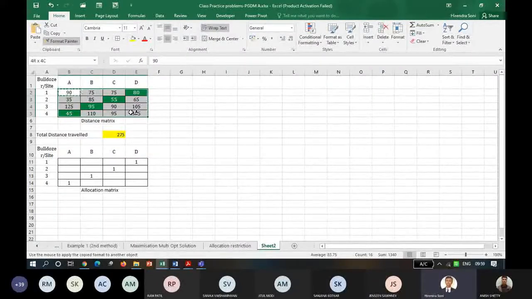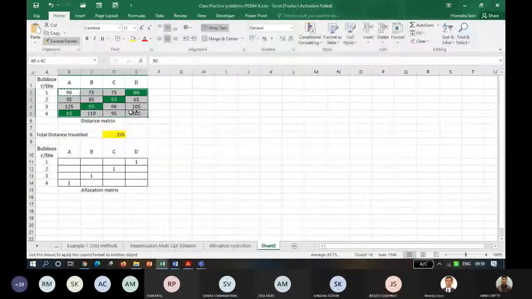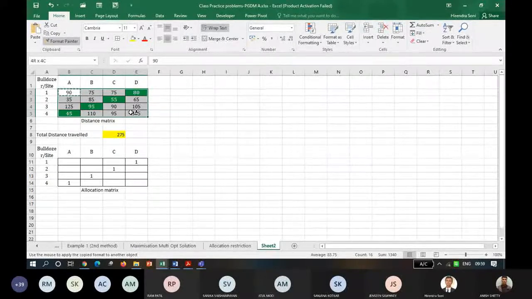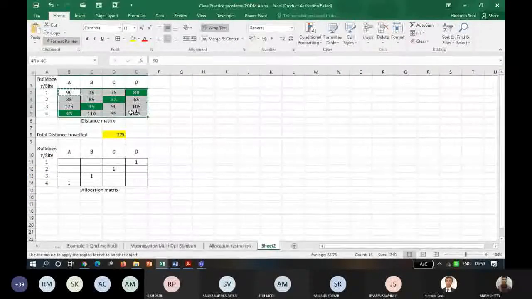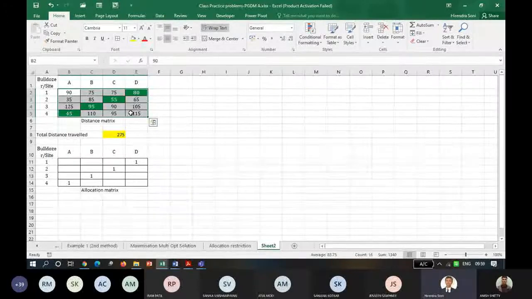Can you see the mouse pointer? It has changed. And just click and leave. Did you get it?